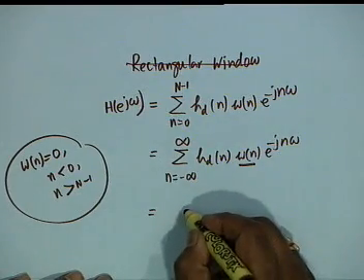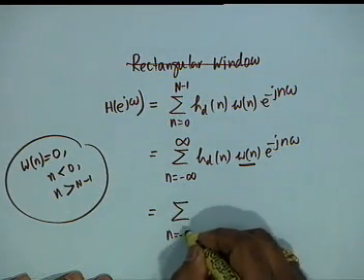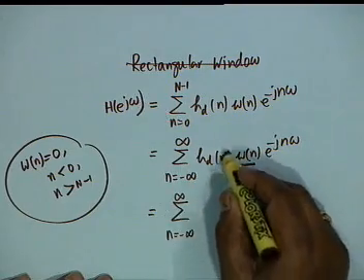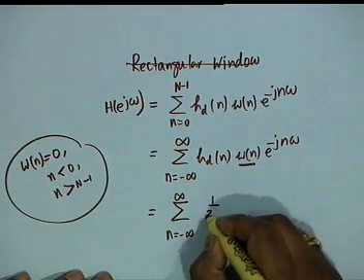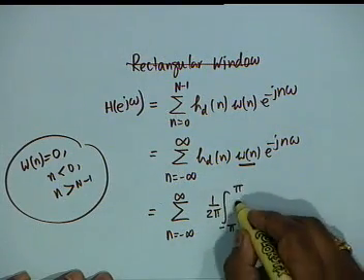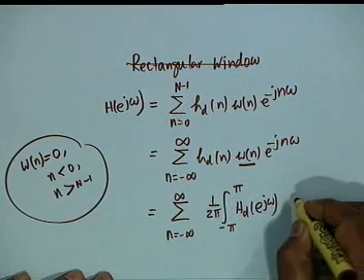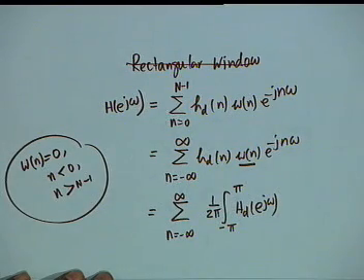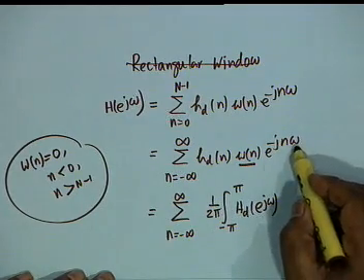I can write this as summation n equal to minus infinity to infinity. I replace h_d[n] by the inverse Fourier transform relationship, which is 1 over 2π, integral from minus π to π of H_d(e^(jω)). Then let us change the variable, because I have another e^(-jnω).